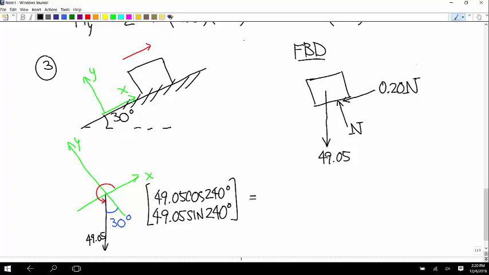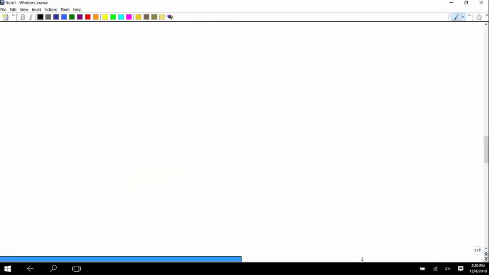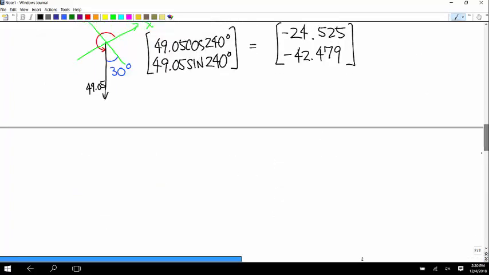And so that's negative 24.525 for the x component, negative 42.479 for the y component. Now we can put all this stuff in Newton's second law.